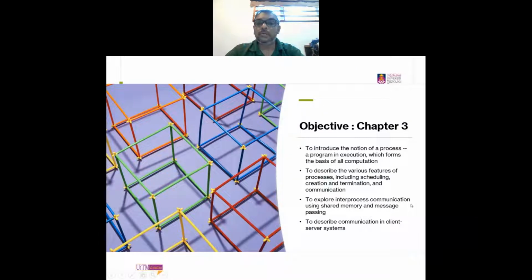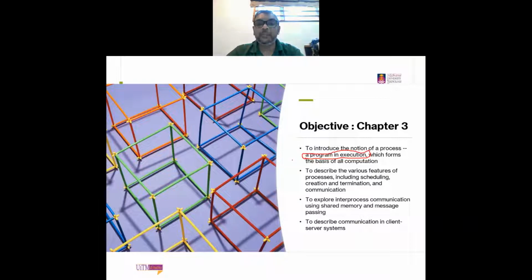Okay, the objective is to introduce the notion of a process. A process, as you can read in the objective, is a program in execution. Highlight the words program in execution. So a process is something which is active.